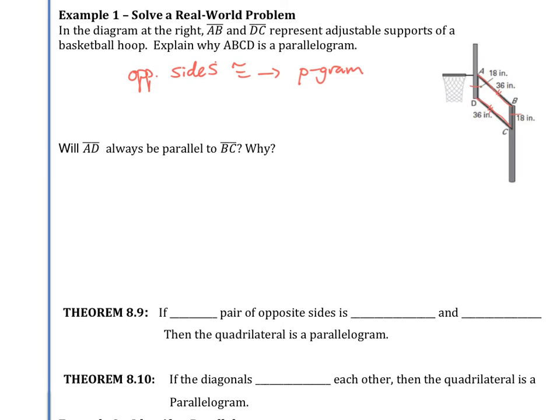Okay, and then will segment AD always be congruent to segment BC? Why? The answer is yes, it will. And that's because it will always be a parallelogram.